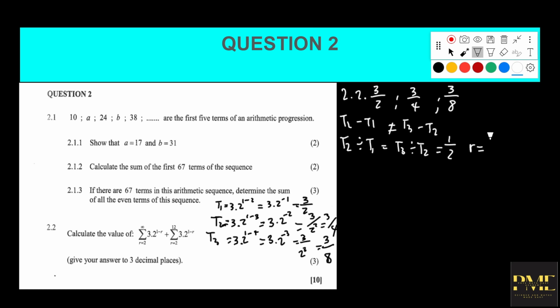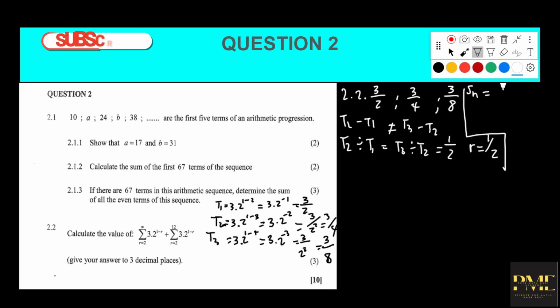So we now know that our r is 1 over 2. Okay, and it is clear that to solve this problem we will use the concepts of a geometric sequence. Okay, so we remember that there are two formulas to calculate a sum when it comes to a geometric sequence.